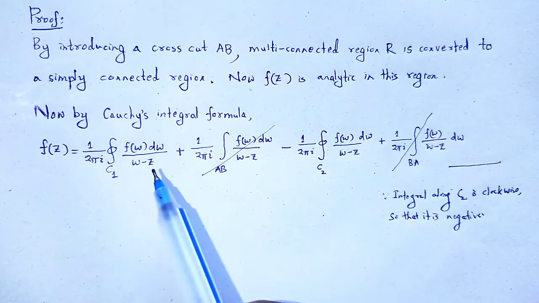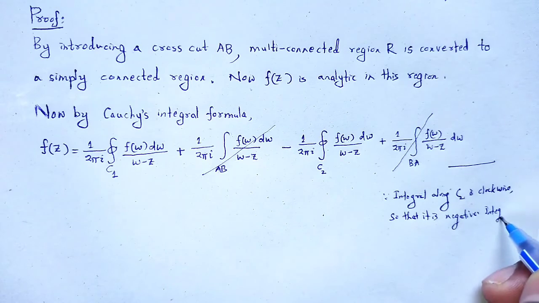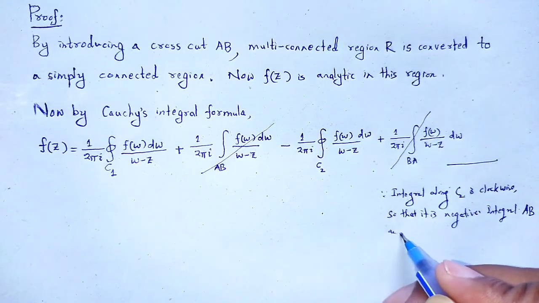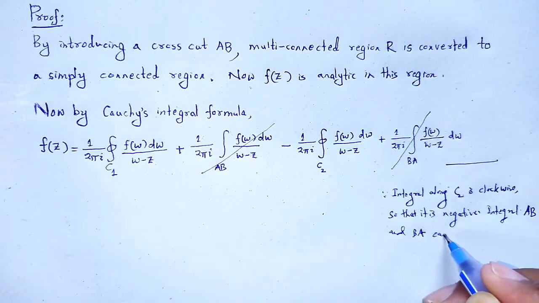Anticlockwise is taken as positive. And the integrals along AB and BA cancel with each other.